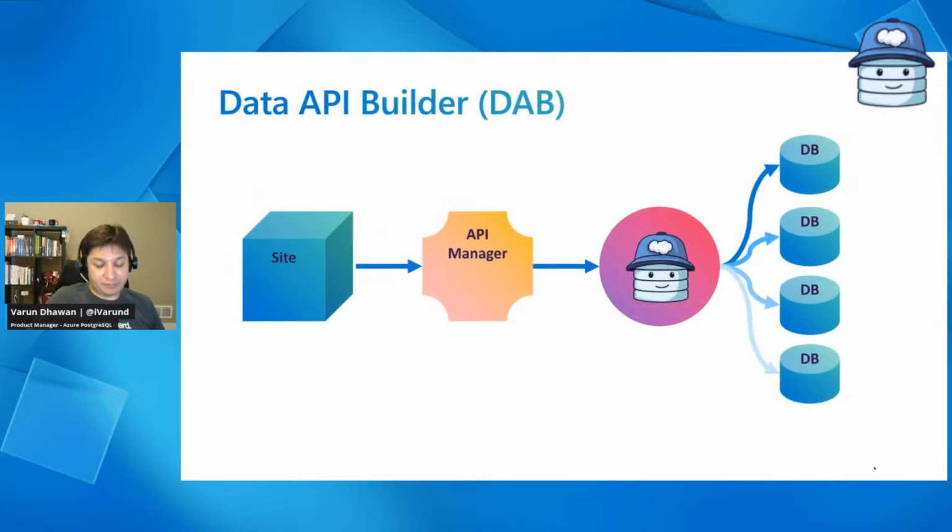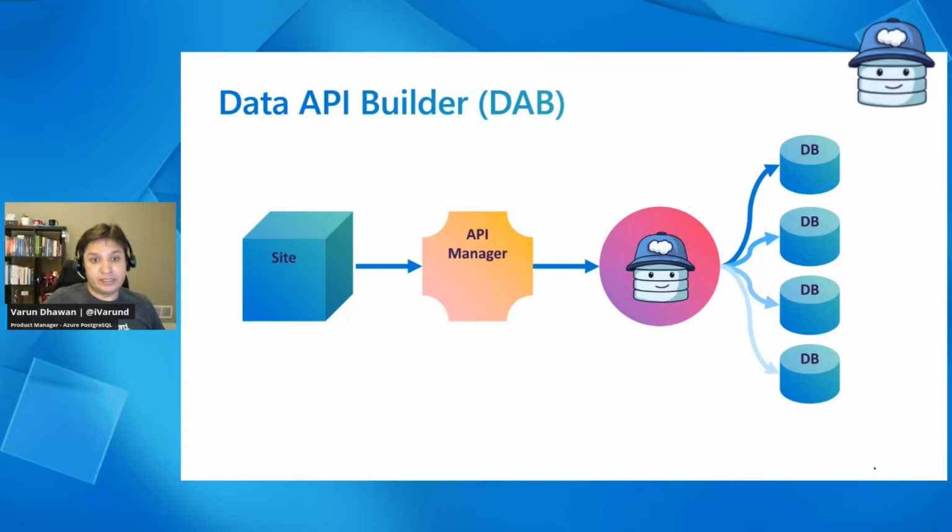This is a little graphic which I think I borrowed, Jerry, from one of your slides. So what is Data API Builder? I believe most of us on this call were already aware in some capacity, but let's do a quick recap. If you have a site or an application which you love to interact with some sort of API, and you use some API managers, the gap that this team observed was that relational databases natively don't understand APIs.